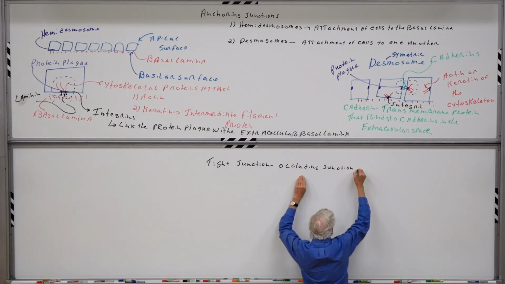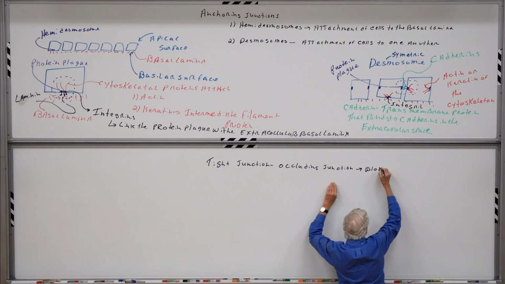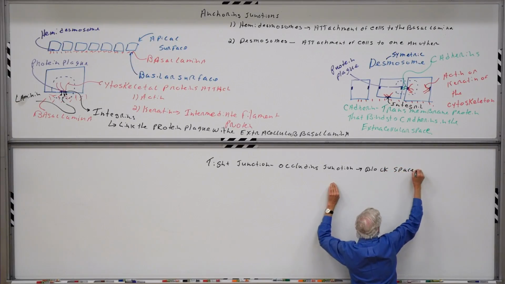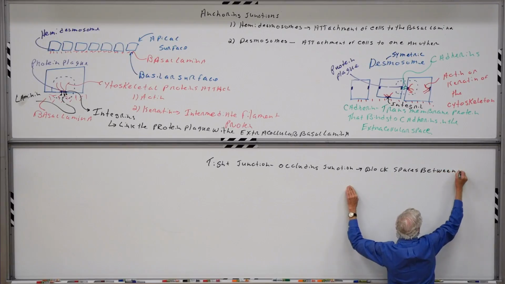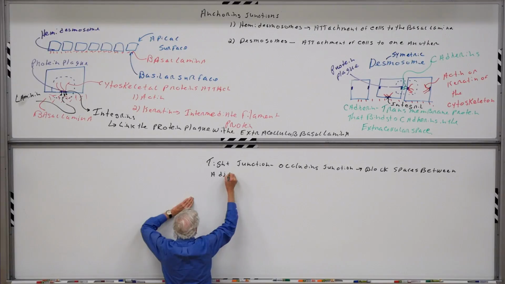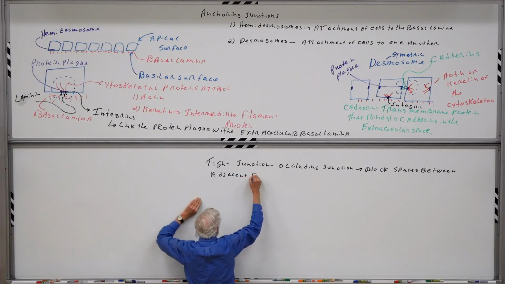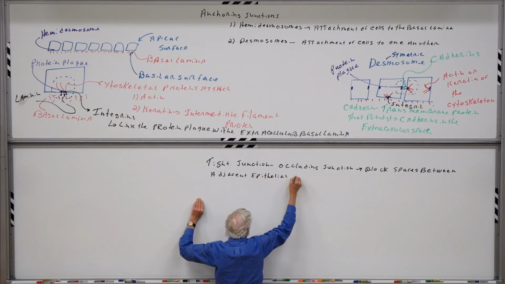And the function of the occluding junction is to block spaces between adjacent epithelial cells.